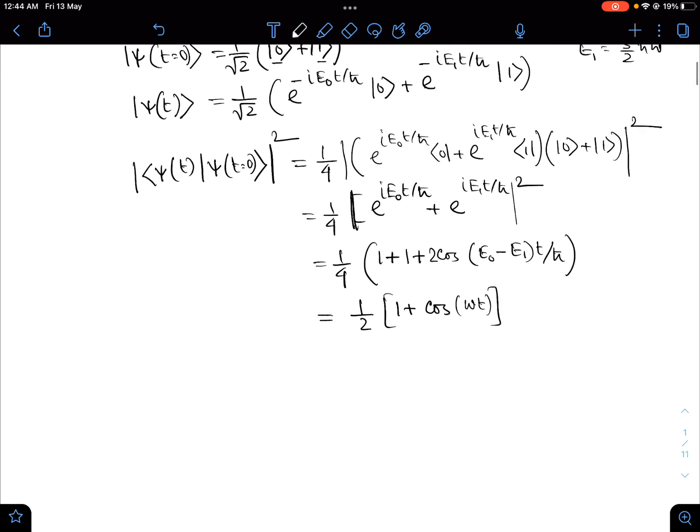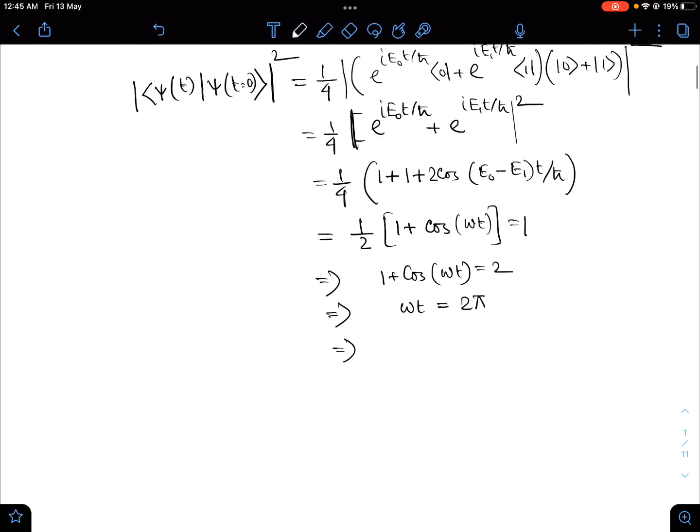So this should be 1: 1 plus cosine of omega t should be 2, and omega t should be 2 pi. So this is the minimum time. In place of 2 pi, it can have 4 pi, 6 pi, 8 pi.